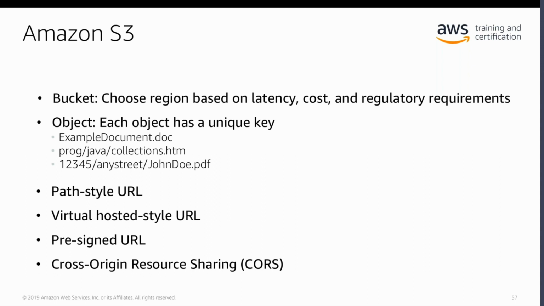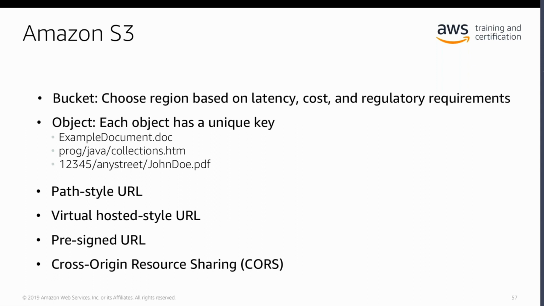The key resource in S3 is a bucket, and you choose a region for it based on things like latency, cost, and regulatory requirements when you're creating your bucket. Every object that you store in that bucket has a unique object key that's addressable with a virtual hosted style URL that allows you to directly reference that particular object.